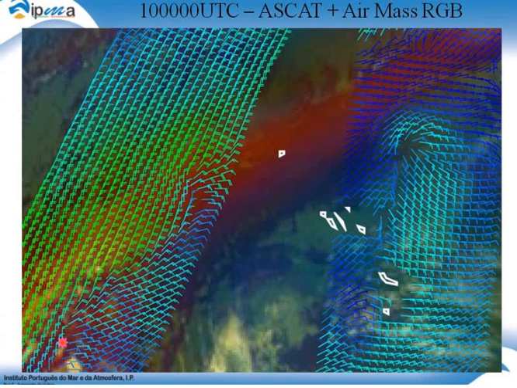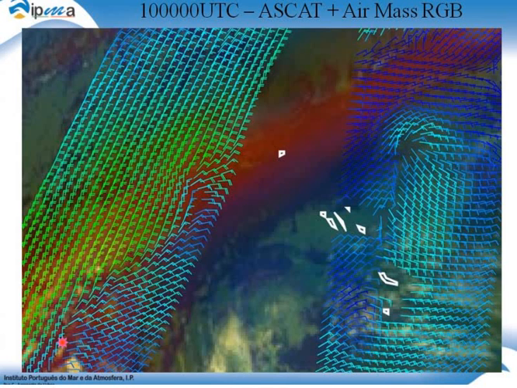So ASCAT information over the Atlantic is very useful for this kind of thing, so we can detect low and high pressure systems and discontinuities in the wind fields.